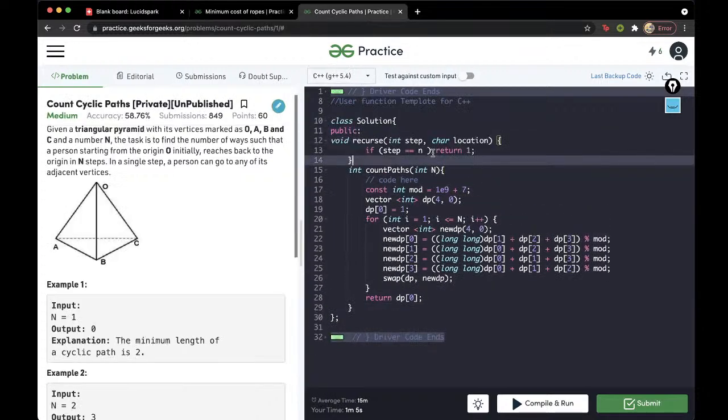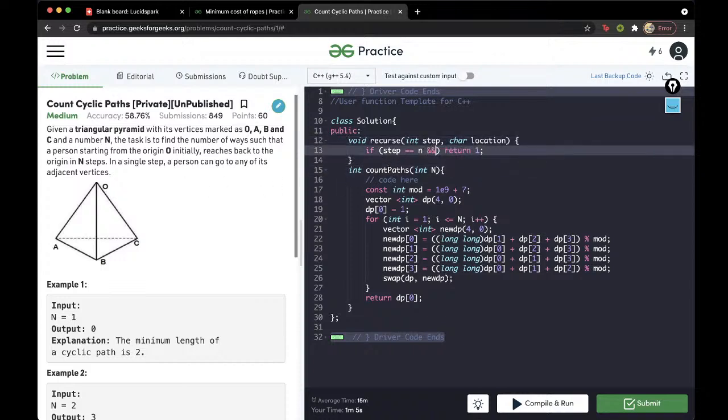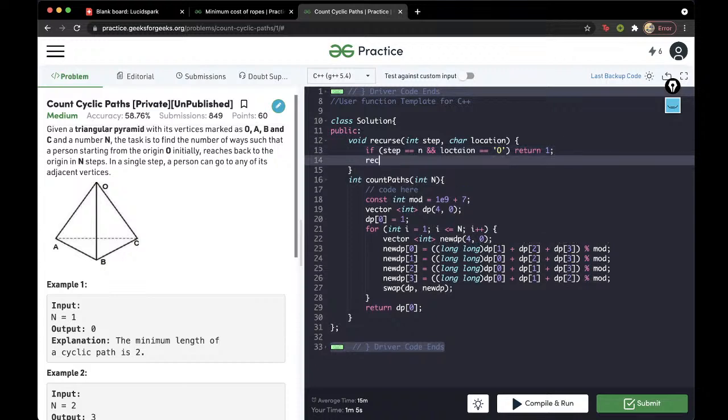So if the step is n and the location is O, you return 1, or else you can go to any of the other locations.